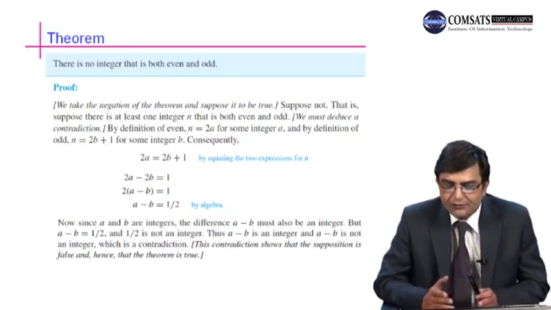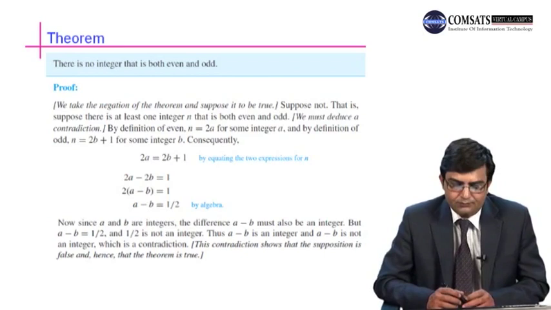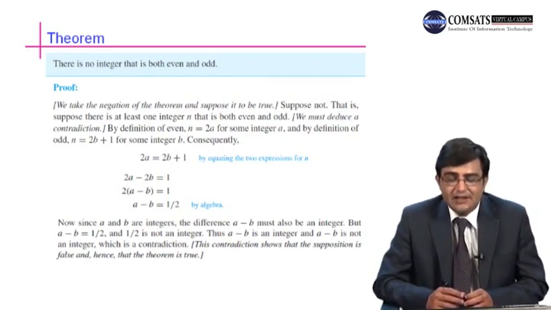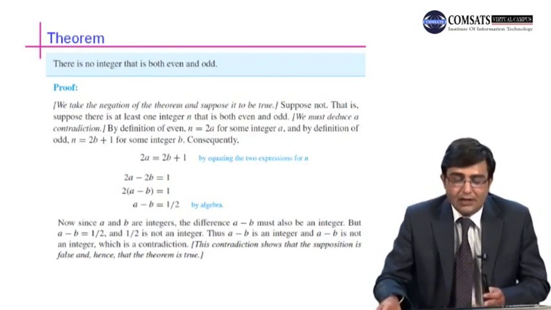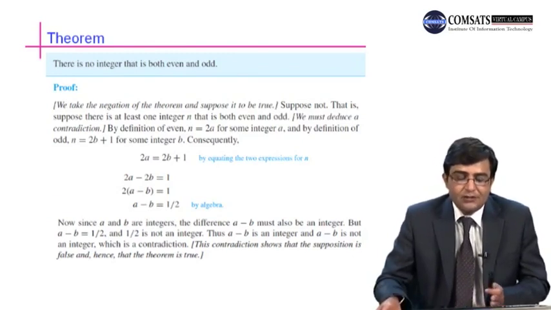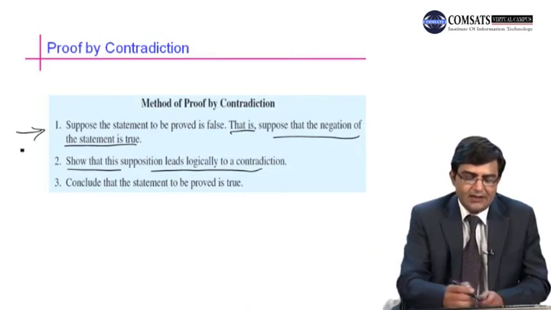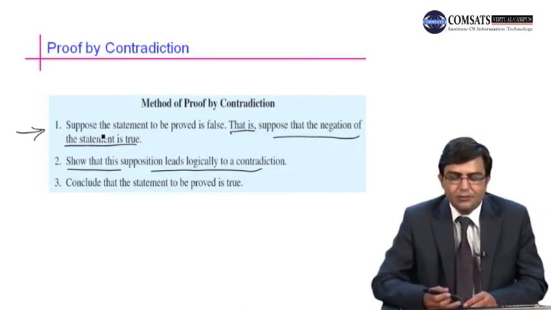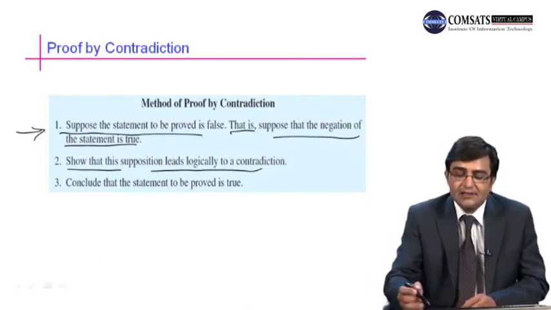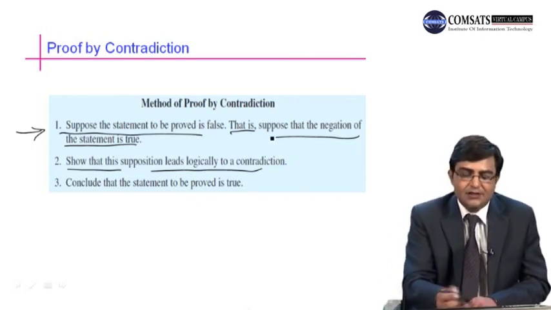So we take the negation of the theorem and suppose it to be true. Suppose not, that is, there is an integer. So in the method of contradiction, we suppose that the statement to be proved is false. That is, suppose that the negation of the statement is true.